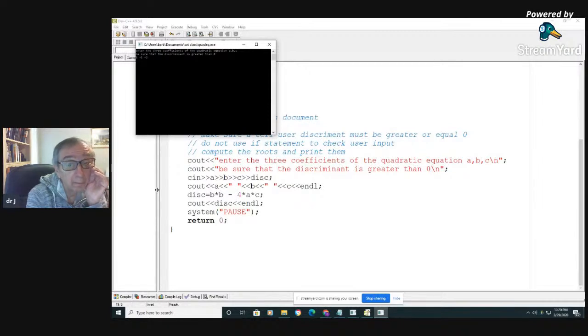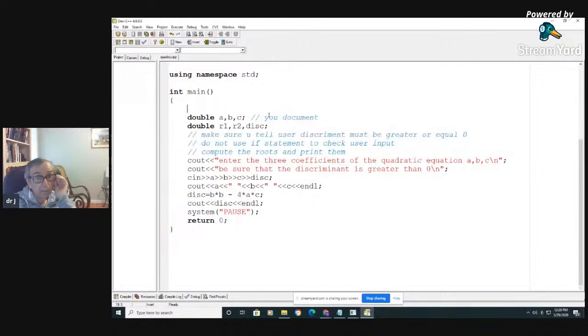All right, Dr. J's having a tough time with this IDE for some reason. I mean, b squared minus 4ac, there's nothing wrong with that. Cout discriminant, nothing wrong with that I could see.